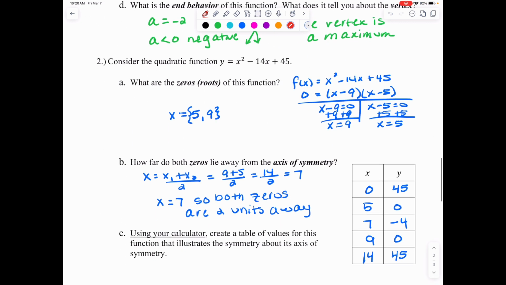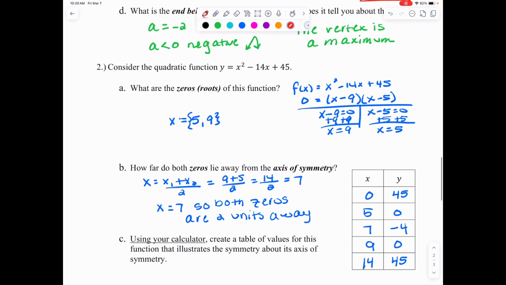Looking at question 2, you're going to consider this new quadratic function, and I wanted you to find the zeros or roots. So you have to find the x values when y is 0. So we replace f of x with 0. We factor x squared minus 14x plus 45. And then we get x equals 9 and x equals 5.